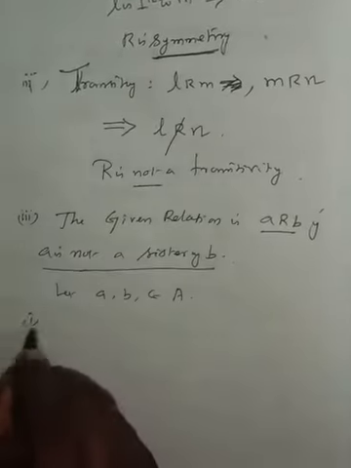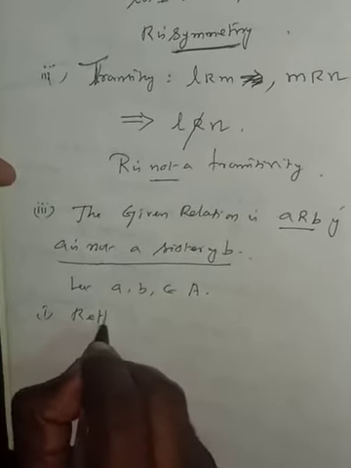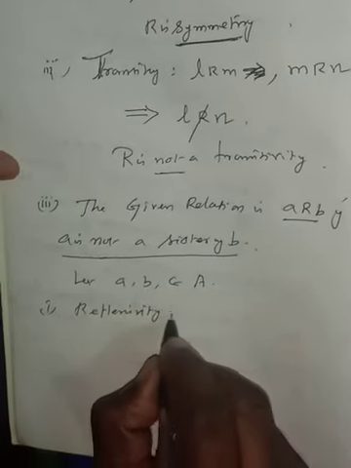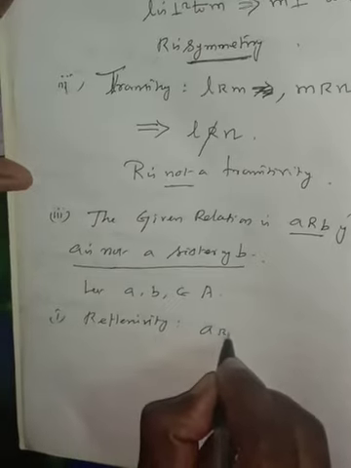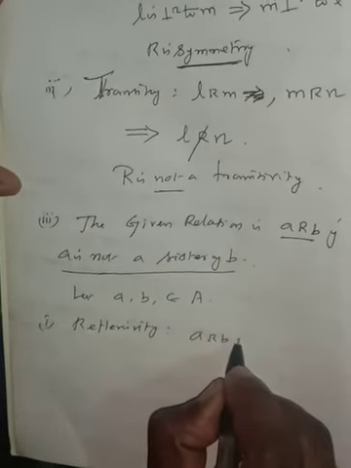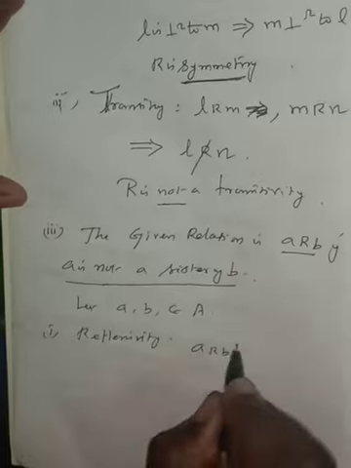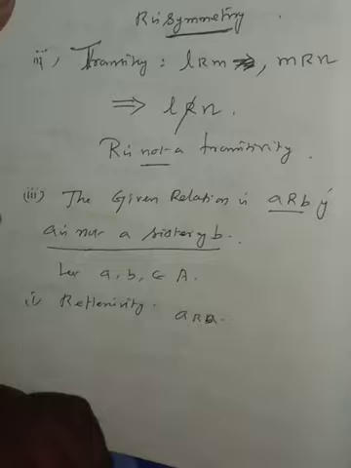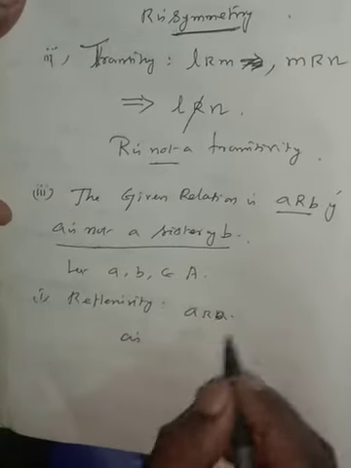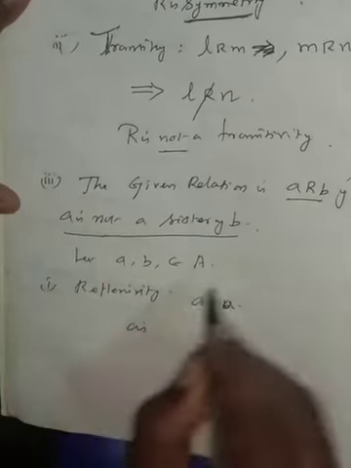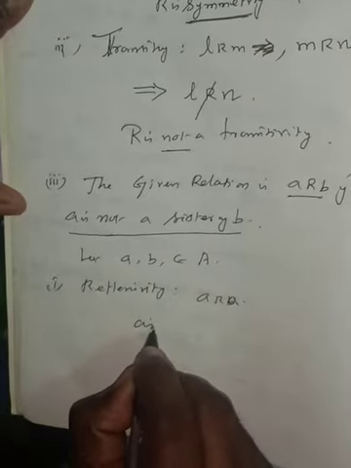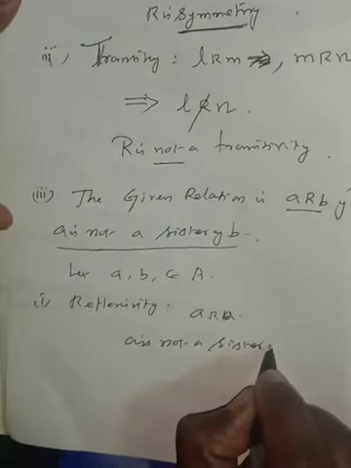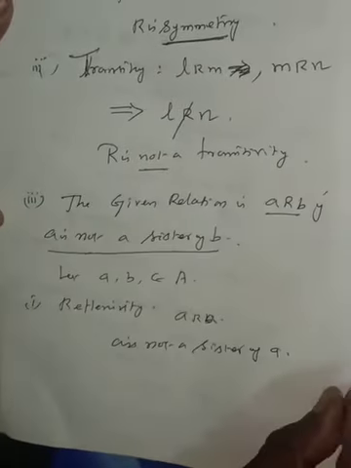First, number 1, reflexivity. A relation B implies, first reflexivity, A relation A implies, by the condition, A is not a sister of A. A is not a sister of A. Is this possible or not?